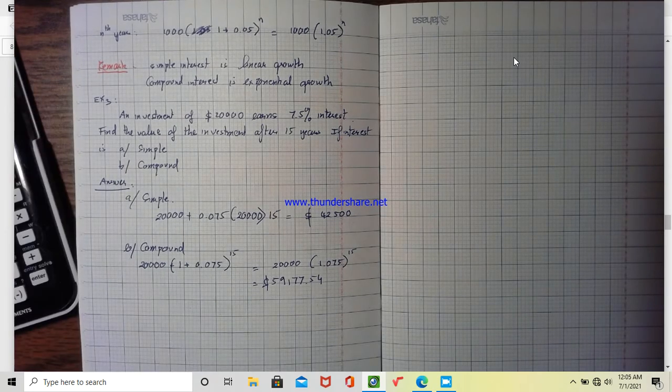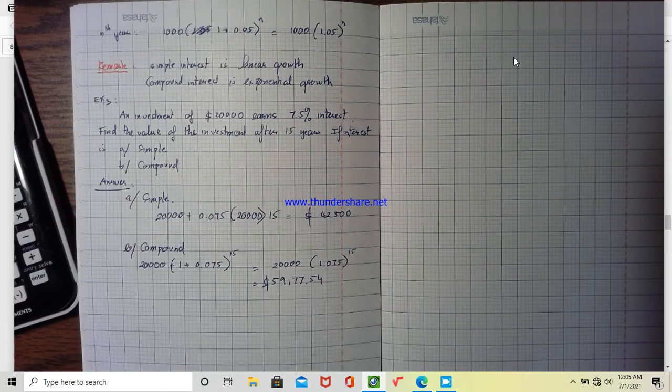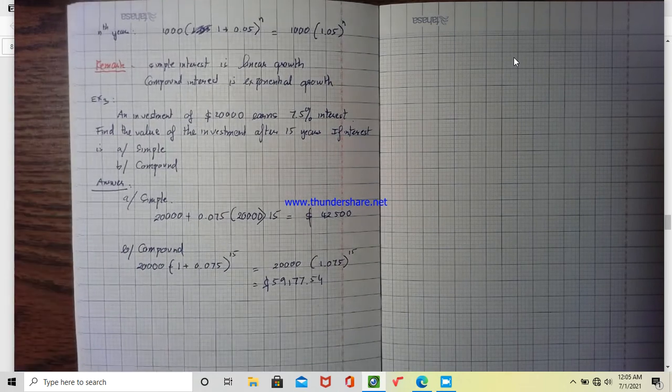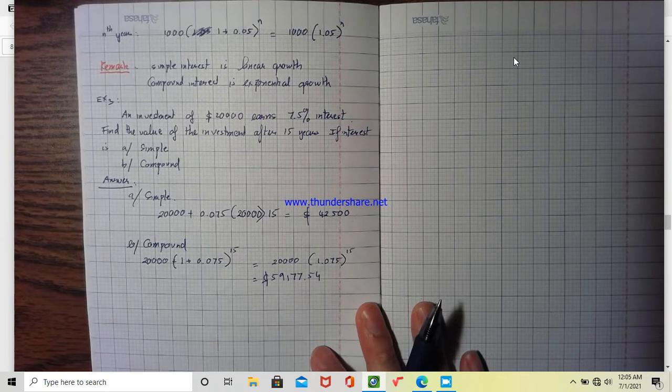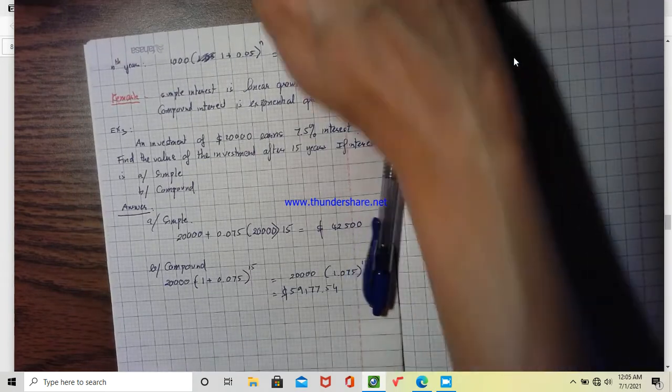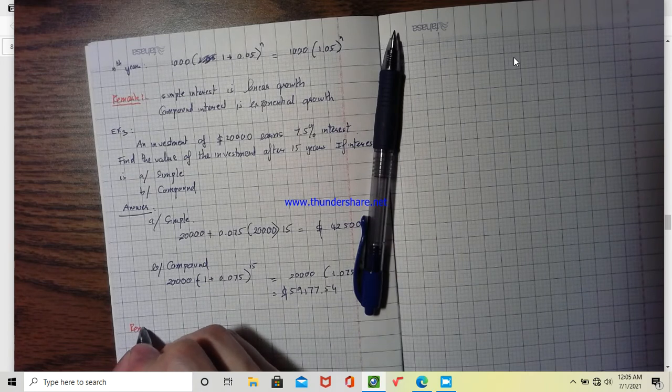And so based on all the examples over here, we can come up with a general formula. So this is remark number 1, and this is remark number 2.